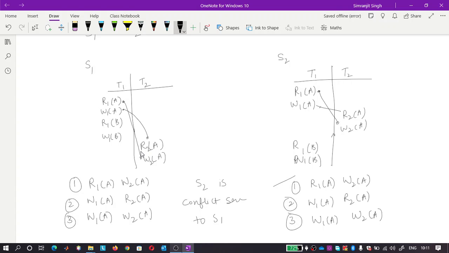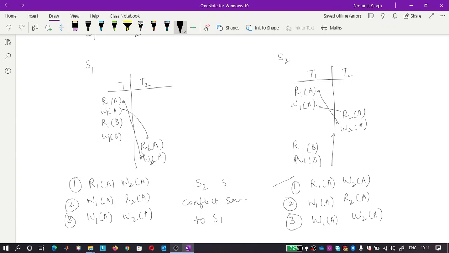So S2 is conflict serializable. You cannot say S1 is conflict serializable, because S1 is a serial schedule, and the main part of the serializable property is to find a non-serial schedule that produces the same effect as a serial schedule. So this is what we want.